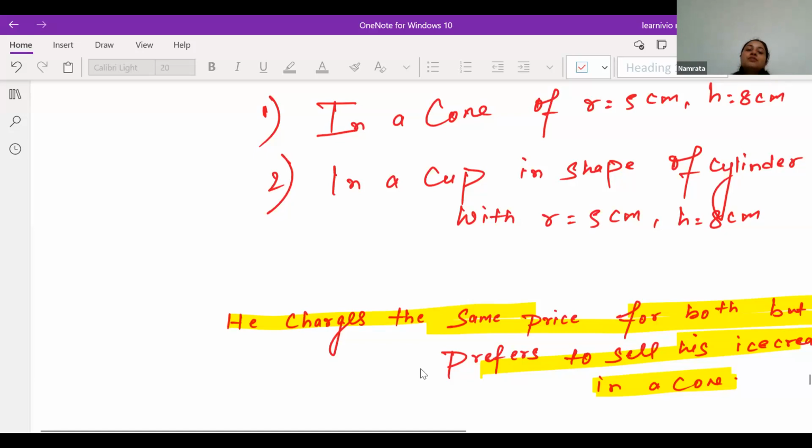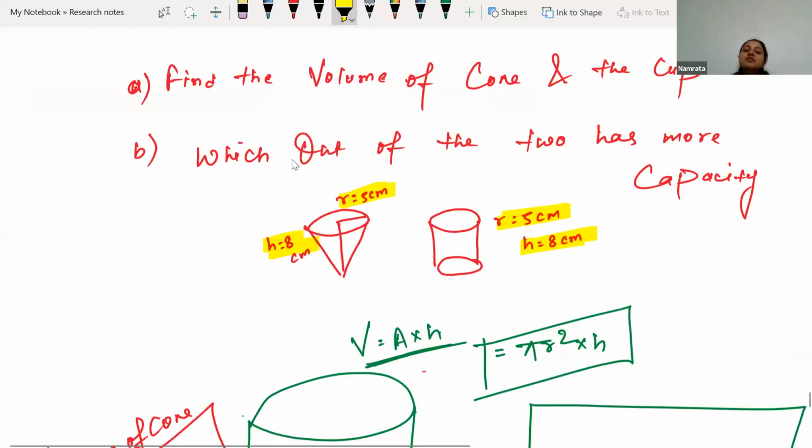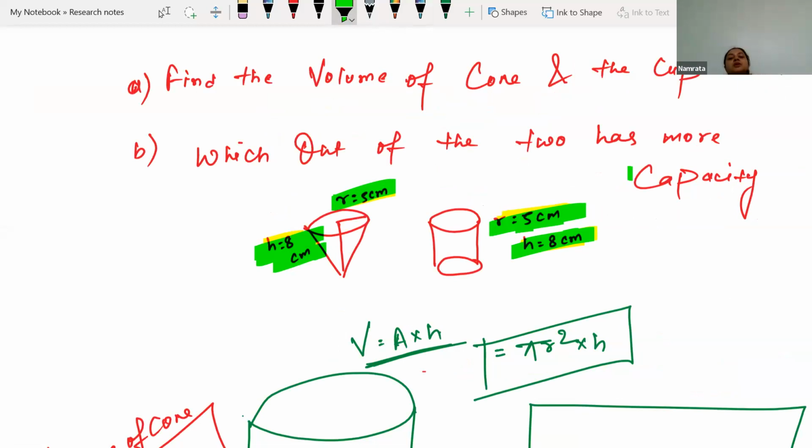So that is what is happening over here. Even here, if it asks which of the two has more capacity, and you don't want to find the capacity, you can say that obviously, if both the radius and height are the same, the cylinder has more capacity, right? Yes, ma'am. This concept came from the formula only.